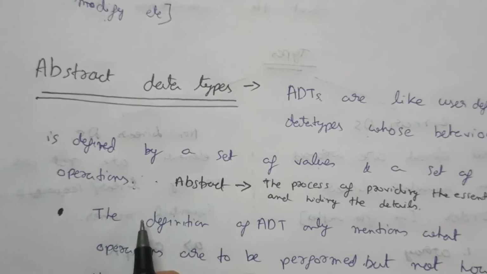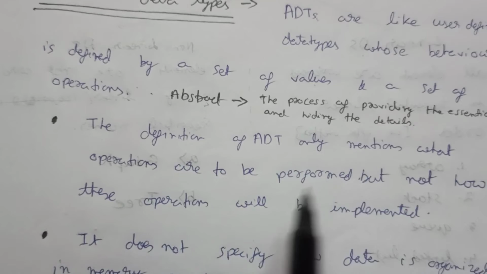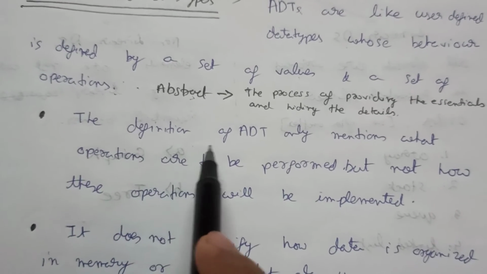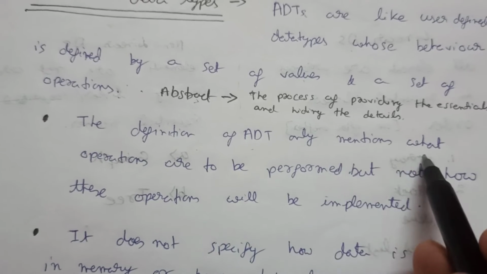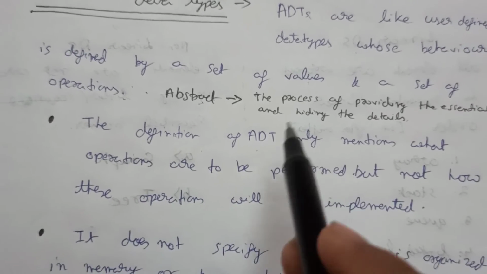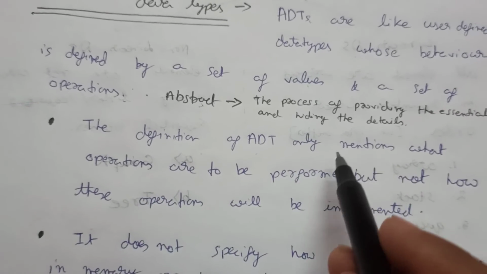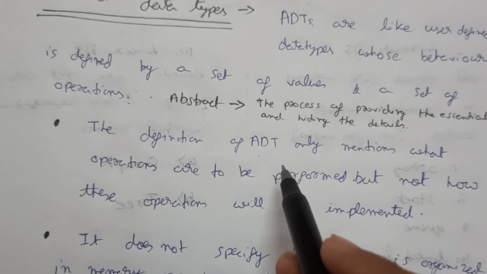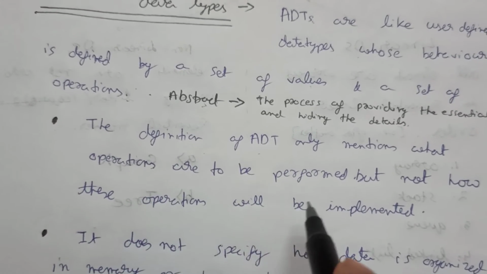Okay, so now we will come to this abstract part later. Let's check the next point. The definition of the ADT only maintains what operations are to be performed. So the abstract data type definition only maintains what operations are to be performed on the data type, but not how these operations will be implemented.